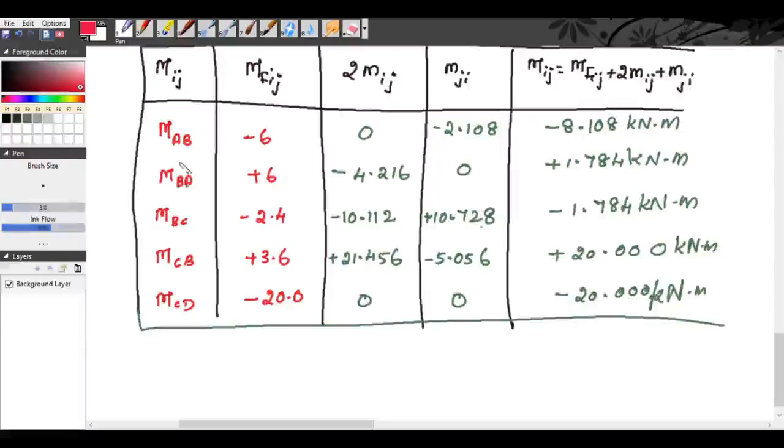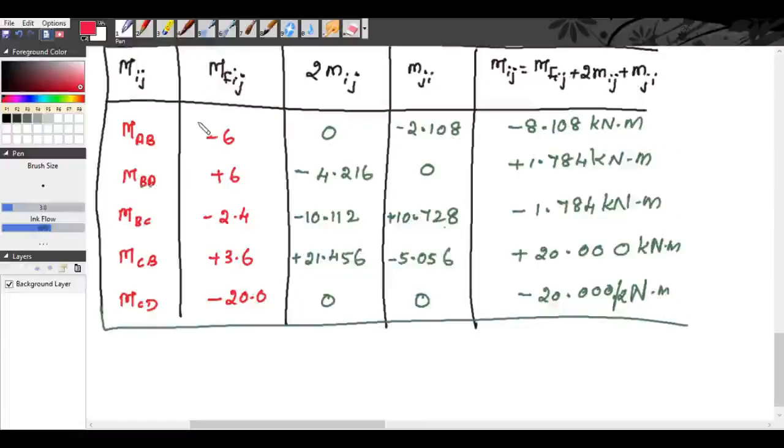So for MAB and MBA, when you are taking the span AB, MAB is negative, so anti-clockwise, pointing upwards. MBA is positive, clockwise, pointing upwards. That means our bending moment diagram will be like this. So 8.108 and 1.784.